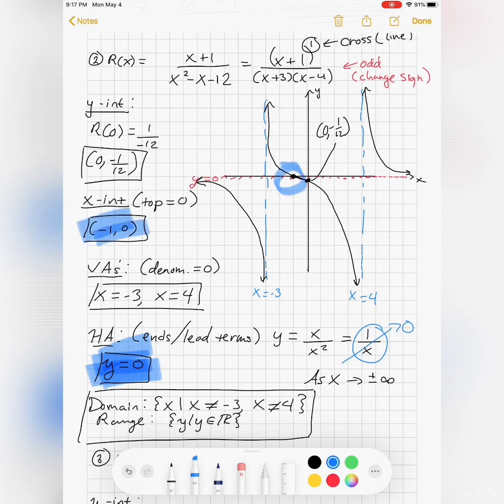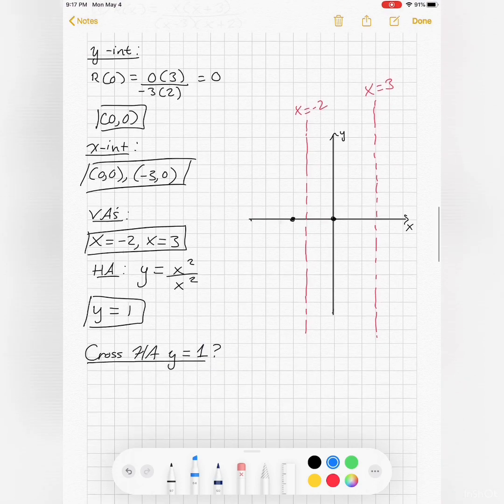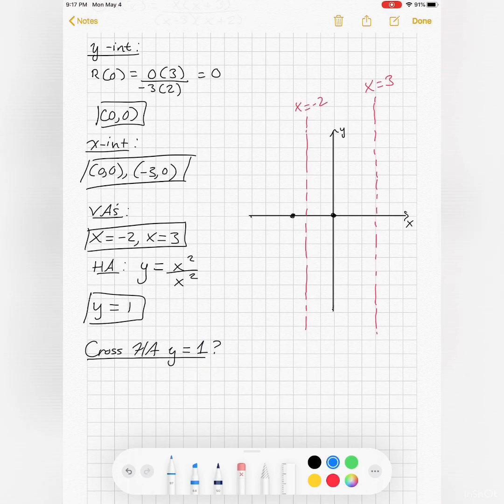So I already knew that graph crossed its horizontal asymptote at the x-intercept of -1. But down here, when I put that horizontal asymptote on the graph, I don't know if the graph crosses or not, because in this case, the x-intercepts have nothing to do with the horizontal asymptote. So I have to answer this question separately.